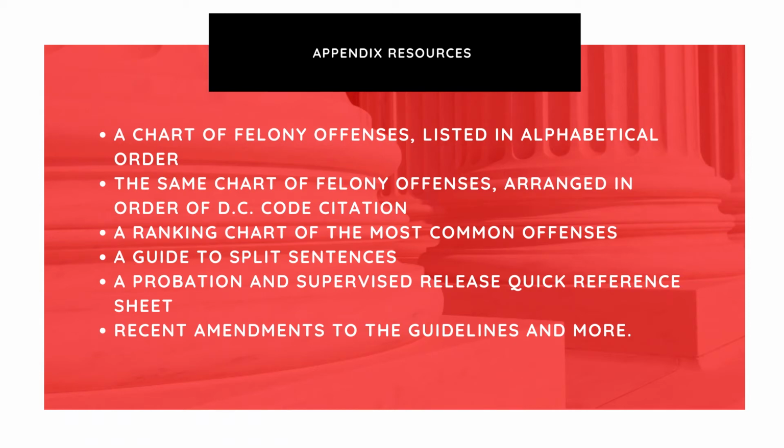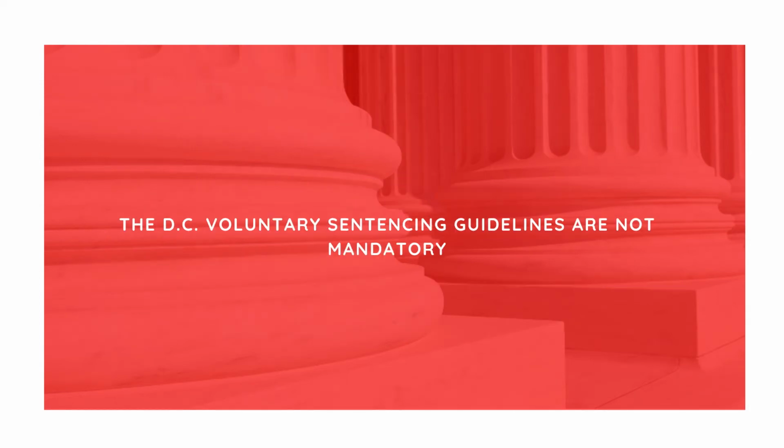Judges primarily rely on these guidelines to assist in imposing sentences. Keep in mind that the guidelines are completely voluntary, meaning judges do not need to impose the recommended sentence or even follow the guidelines rules.